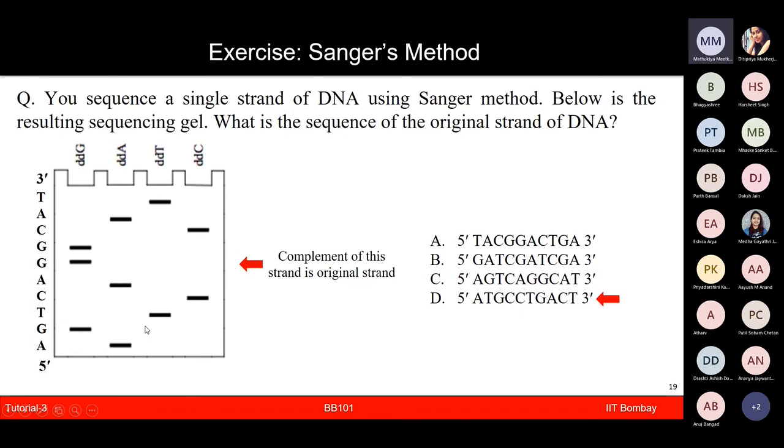Where the position is, that would depend upon the size at which it is accumulated. So the least size is A, then the two nucleotide size is G, three nucleotide size ends with T, four nucleotide ends with C, five nucleotide ends with A, and so on and so forth. So that's how you can line this up, and the complementary will be the original.